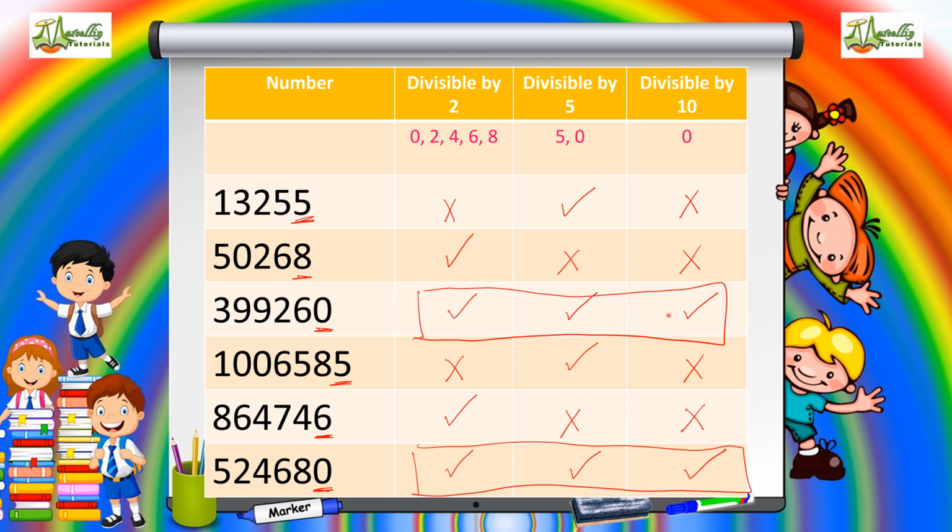It also means that when a number ends with 0 or is divisible by 10, then that number is also divisible by 2 and 5. Again, all numbers that are divisible by 10 or end with 0 are also divisible by 5 and by 2.